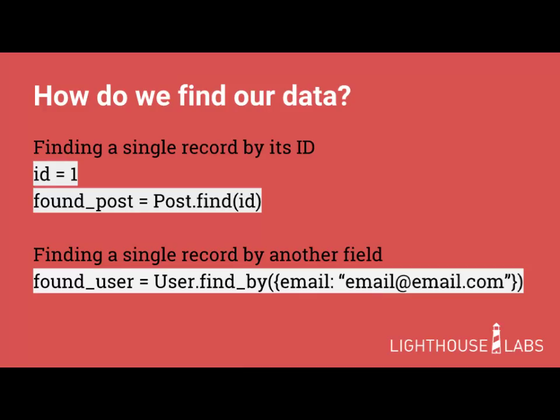With the example here, we have our User Active Record model, which is connected to our database. And we say, okay, give me the SQL that's going to say, select from users where email equals email@email.com.